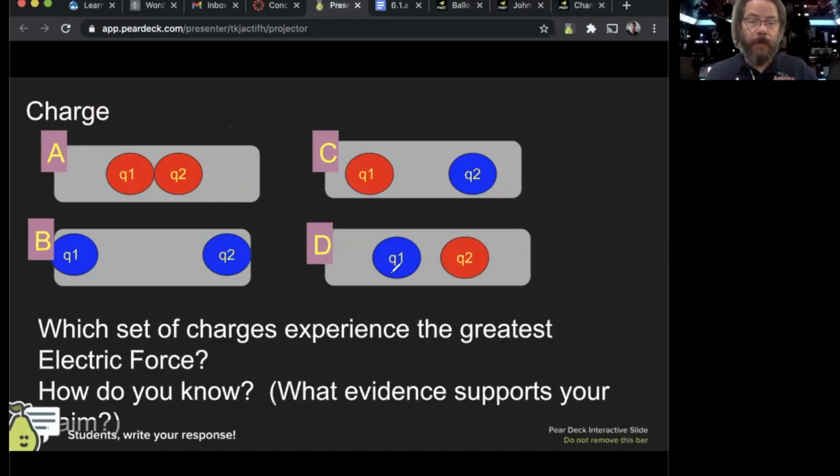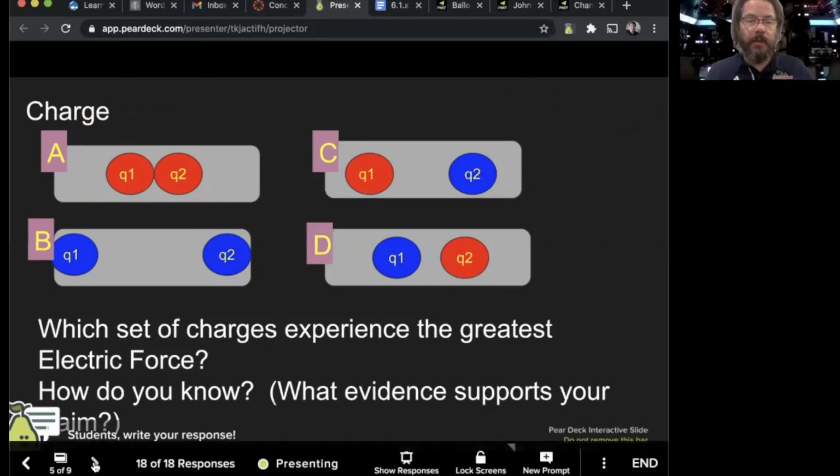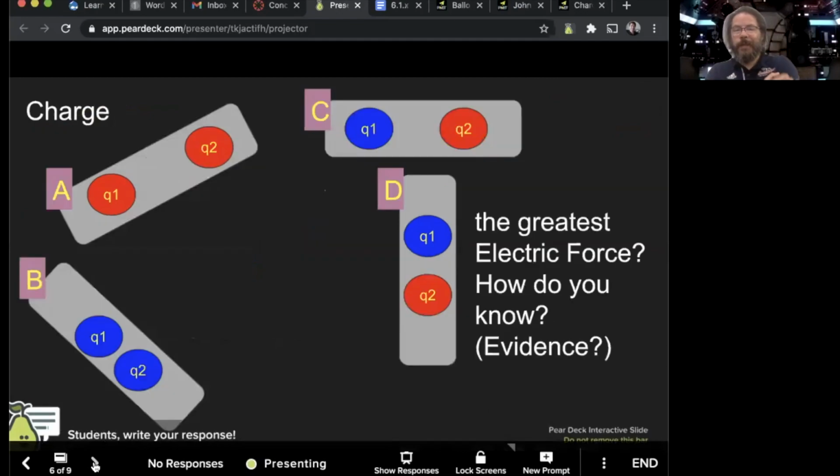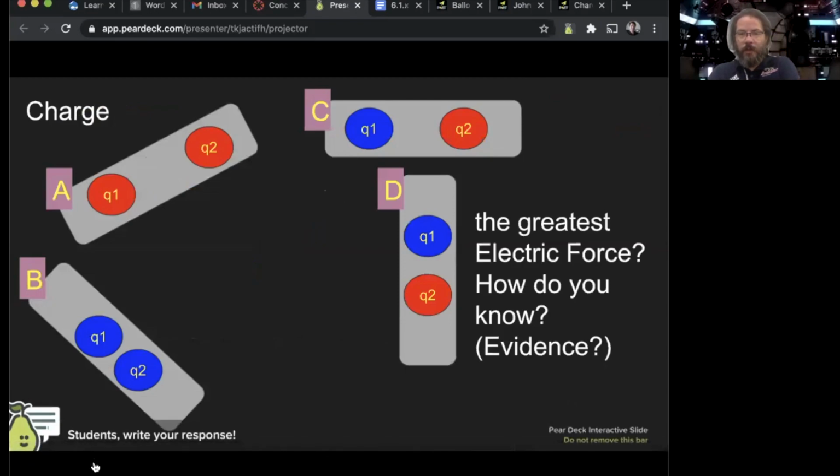Alrighty. We're going to come back to this idea in a minute, but let's try another one. Tell me, which one has the greatest electric force? How do you know? This one should be a little easier, but we'll see.